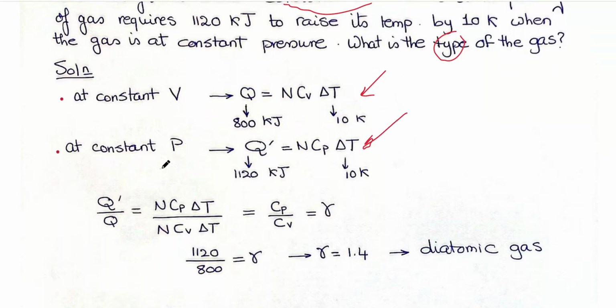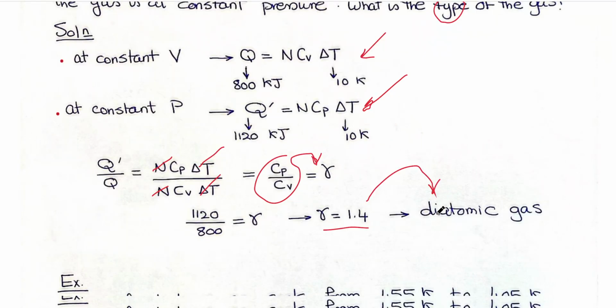Now, if you divide both equations, Q over Q dash or Q dash over Q, whatever you want, I divided Q dash over Q. It's NCP delta T over NCV delta T. You will cancel the delta T because it is 10 Kelvin in both cases, and N, it's the same amount of gas. So Cp over Cv equals Q dash over Q. What is Cp over Cv? This is gamma of the gas. You will find gamma, it will be 1.4. The gamma is 1.4 for a diatomic gas. So that's how we know the type of gas.